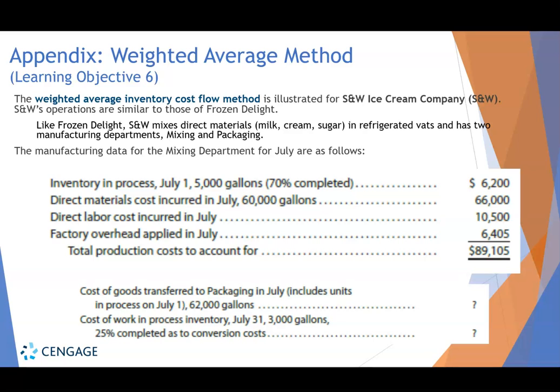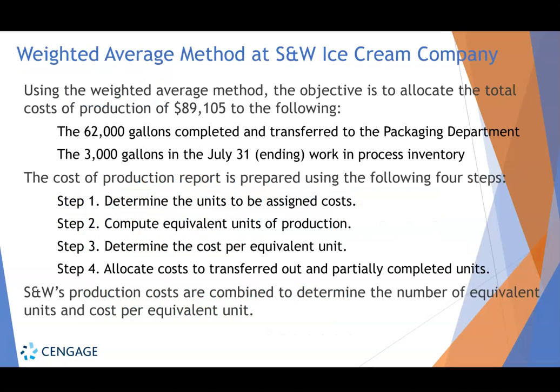So, cost of goods transferred to packaging is 62,000 gallons. Using the weighted average method, the goal is to allocate the total cost of production of 89,105 to the 62,000 gallons completed and transferred and the 3,000 gallons on hand at the end of the month.